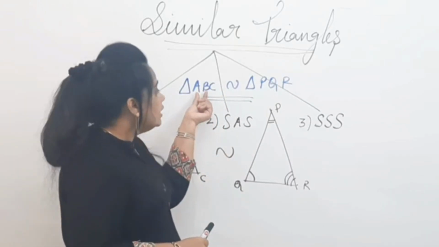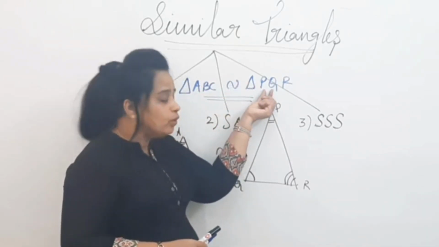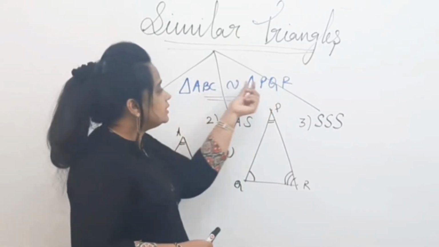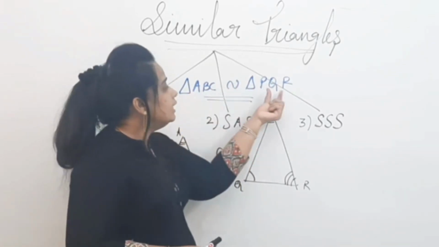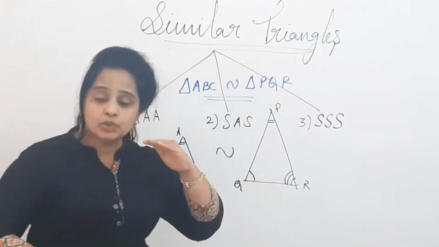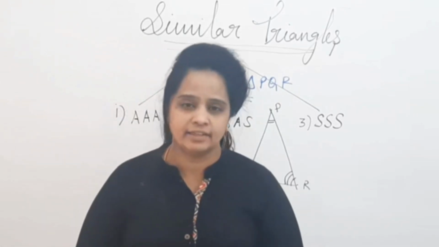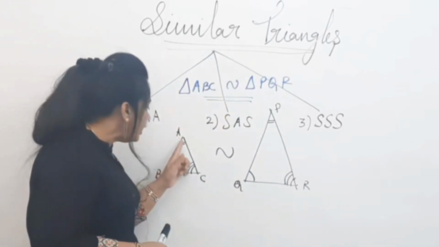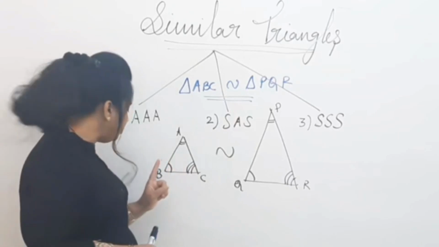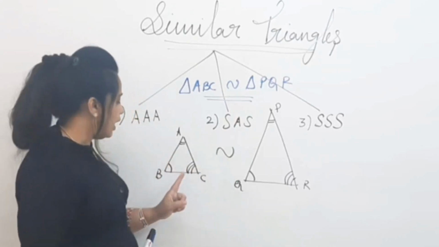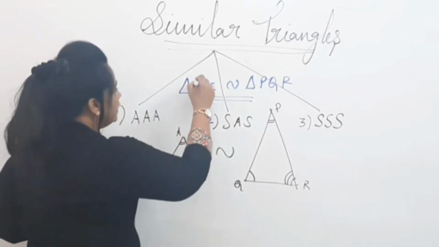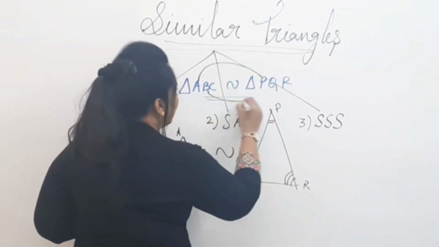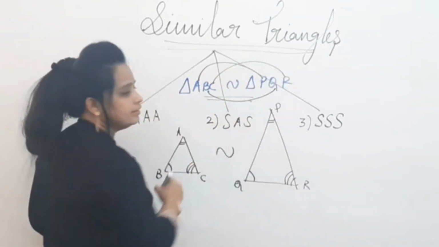So, AB divided by PQ is equal to BC divided by QR is equal to AC divided by PR. This is what corresponding sides are. As well as angle A is equal to angle P, angle B is equal to angle Q, angle C is equal to angle R. You can see here the letters are related.